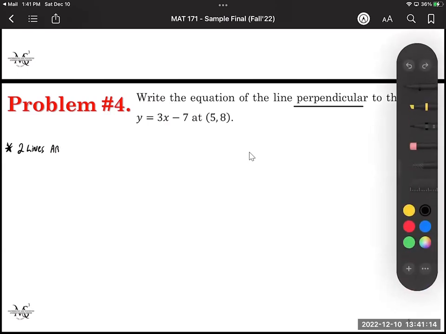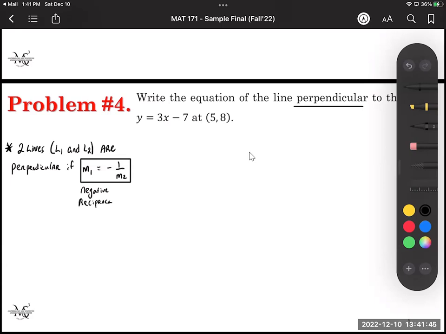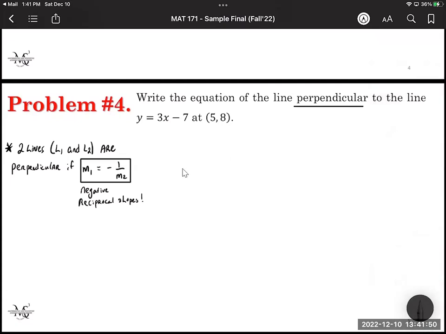So let's say that we have 2 lines, L1 and L2. 2 lines, L1 and L2, are perpendicular if M1 is equal to negative 1 over M2. In other words, we call this negative reciprocal slopes.